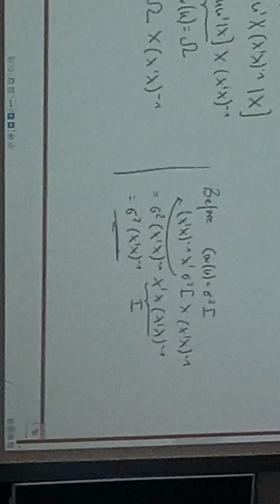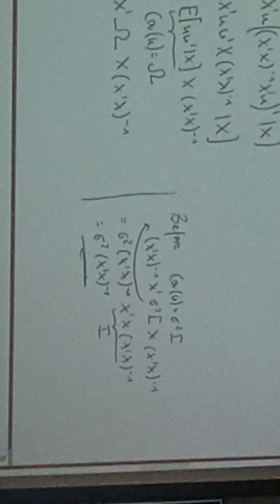And then the sigma squared is a scalar and can be taken out front, so that we get sigma squared x prime x inverse x prime x x prime x inverse. We multiply something by its inverse, and then we're just left with sigma squared x prime x inverse. And that's the thing we know as the variance of the OLS estimator, right?